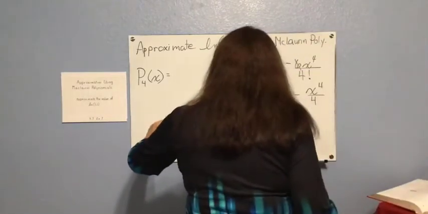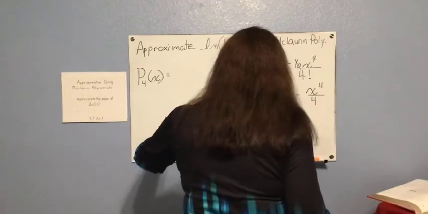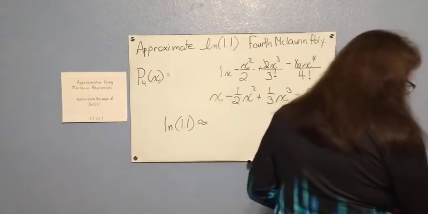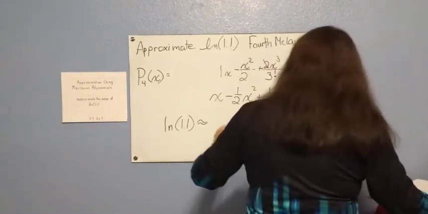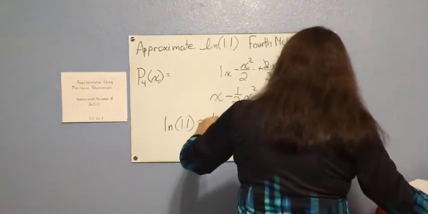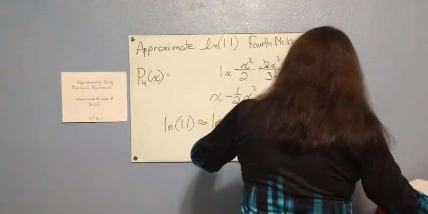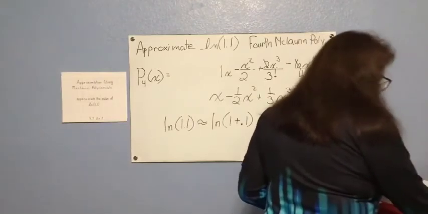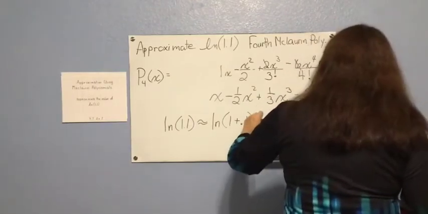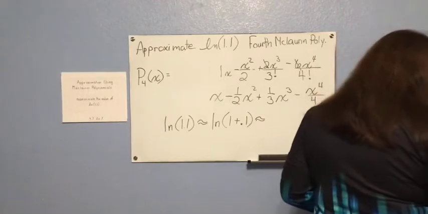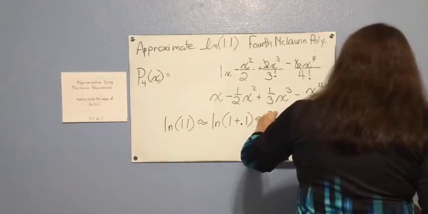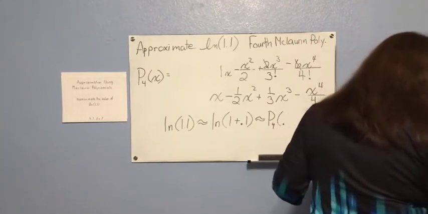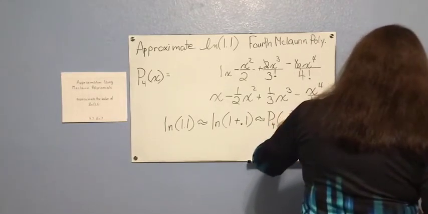So the natural log of 1.1 is approximately equal to the natural log of 1 plus 0.1, which is approximately equal to p sub 4 of 0.1.